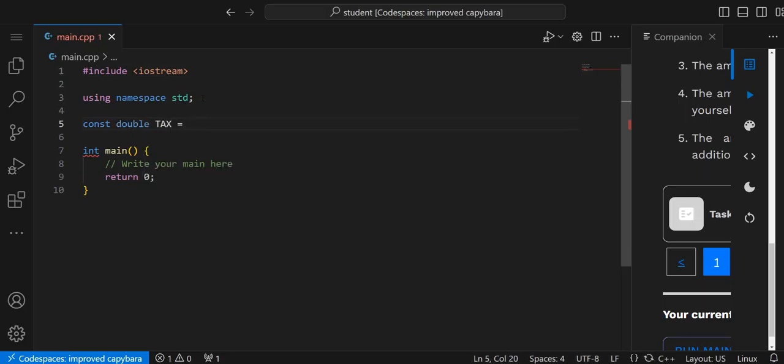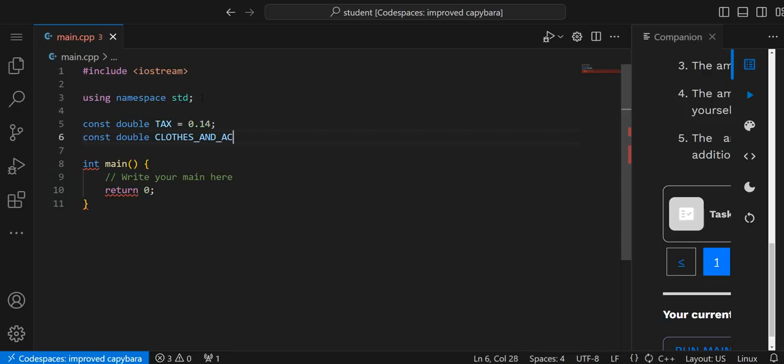Tax equals 0.14, semicolon. Next one, clothes and accessories. We can abbreviate that. Equals 0.10, which is 10%.